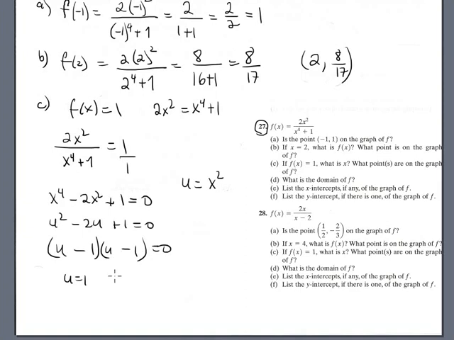Therefore x squared is equal to 1, square root both sides, x is equal to plus and minus 1. So in this case we have two solutions. One solution is (1, 1) and another is (negative 1, 1). Okay, this is the C. Now D and E and F.